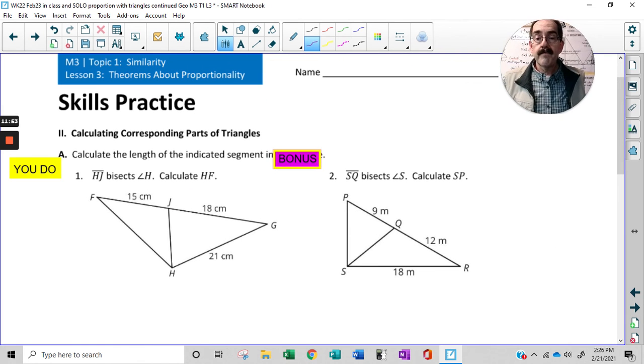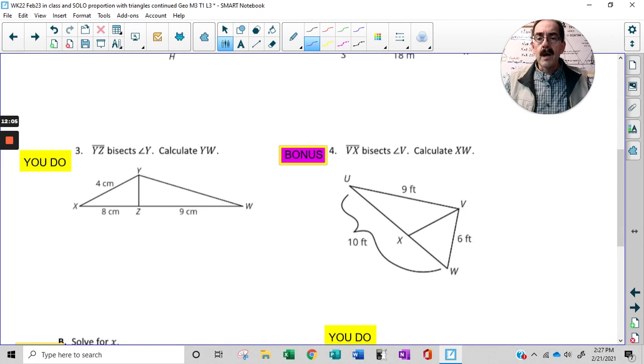Interesting, maybe. You try this one. We just did one of those. I go this direction. That's fine. And then if you're bored with these proportions, here's a couple of word problems. Here's a bonus, and here's a bonus. So that's your solo activity.